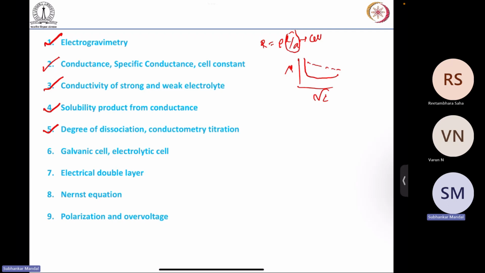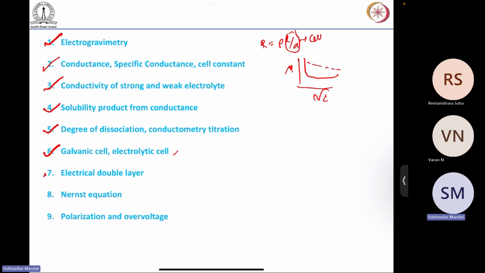After that we discussed the galvanic cell, where you are transforming chemical energy to electrical energy, and the electrolytic cell, where the opposite process happens compared to the galvanic cell.